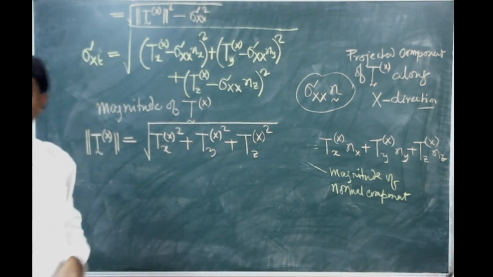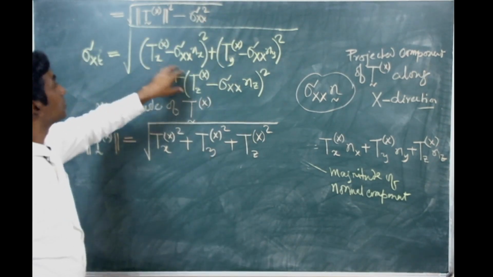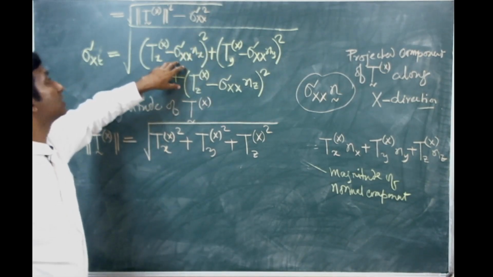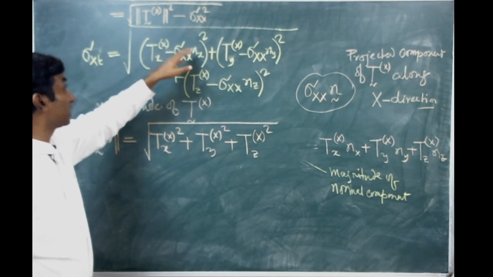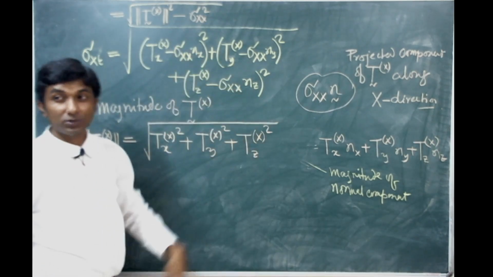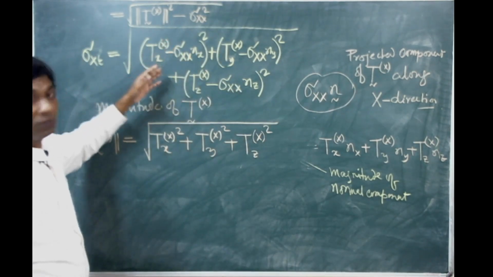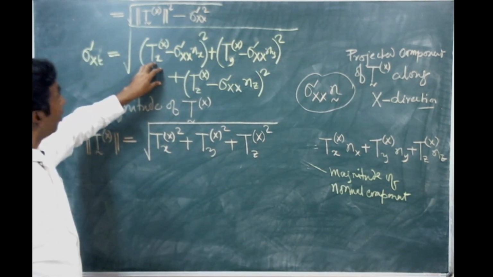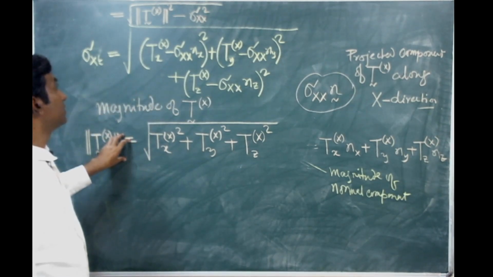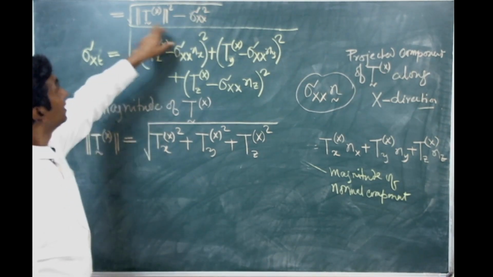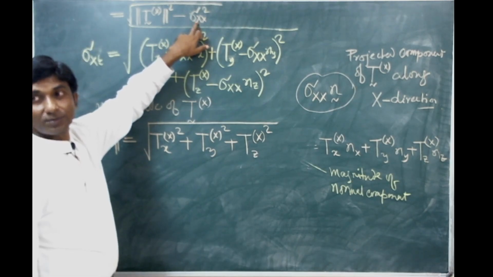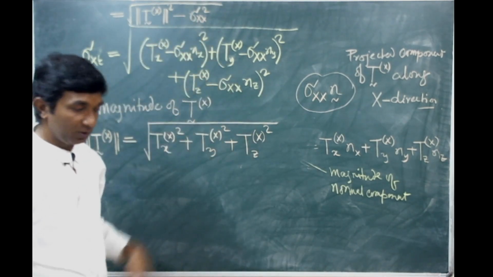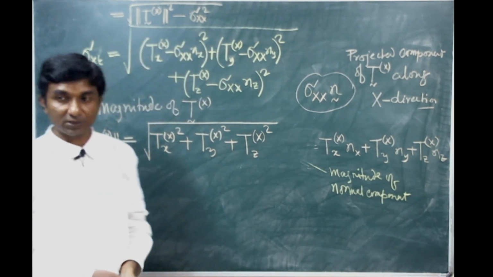So you have two options. Either you choose component wise, subtract the normal contribution and then take the Euclidean norm, or otherwise you compute the magnitude, square it, deduct the square of the normal magnitude, and then take the square root. This is basically an application of the Pythagoras theorem.